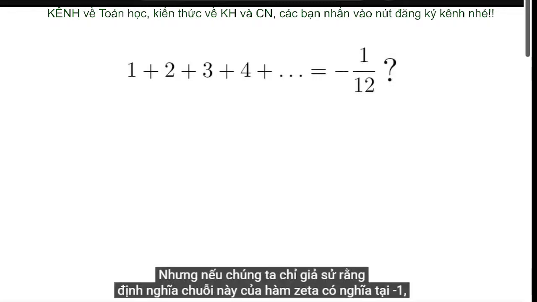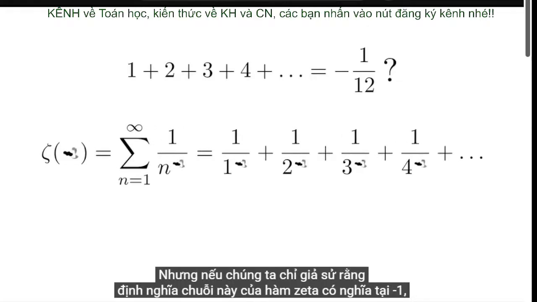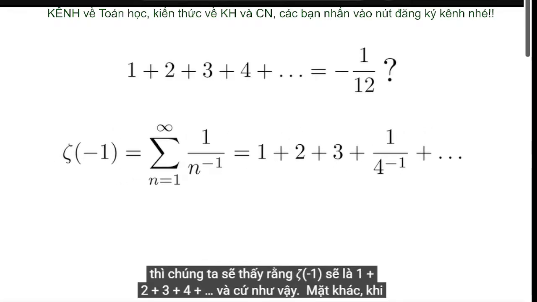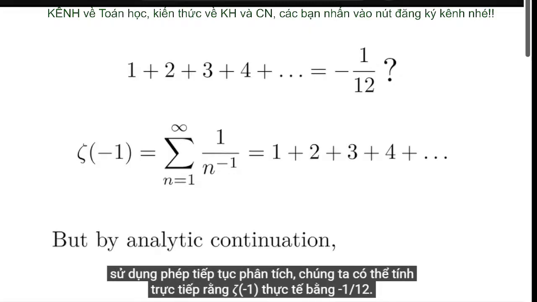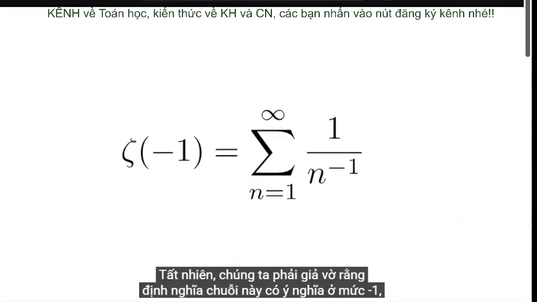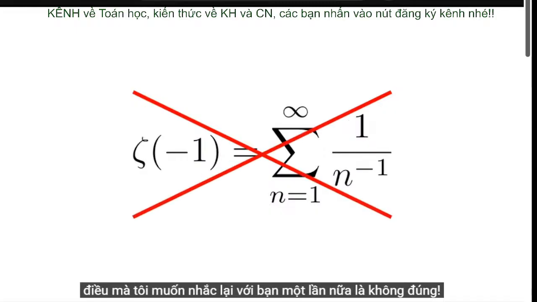But if we just pretend that this series definition of the zeta function makes sense at minus 1, then we would see that zeta of minus 1 should be 1 plus 2 plus 3 plus 4 and so on. On the other hand, using analytic continuation, we can just compute directly that zeta of minus 1 happens to be exactly minus a 12th. Of course, we had to pretend that this series definition made sense at minus 1, which I want to remind you again, it does not.